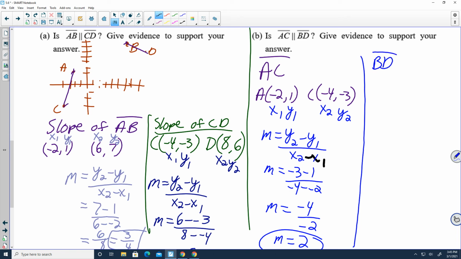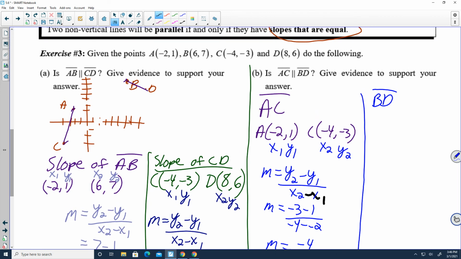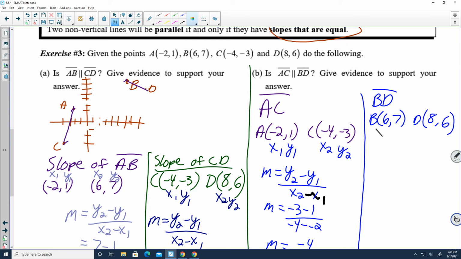So for the slope of BD, we need to first find the coordinates of B and D. Point B has coordinates 6, 7. D has coordinates 8, 6. They're all positive here, which we like. All right, label my X1, Y1, X2, Y2. For my slope formula, plug in Y2 minus Y1 over X2 minus X1.